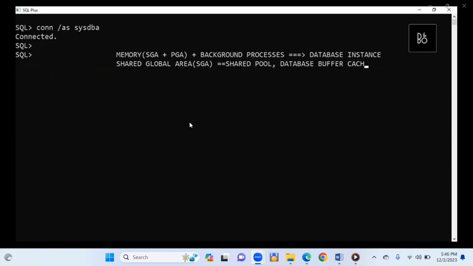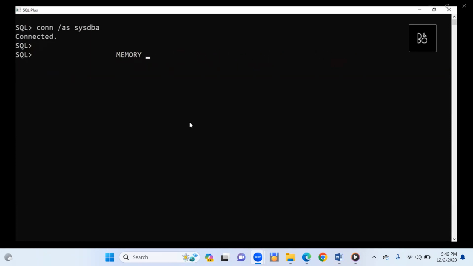Now, talking about memory management, remember, it's about Oracle database memory management. We have different ways of managing other types of databases, but for this case, I want us to know more about memory management as far as Oracle database is concerned.